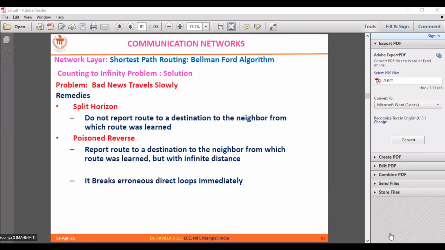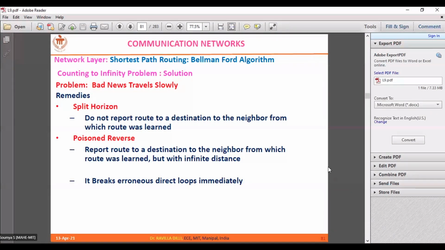The other one is Poison reverse, where you report a route to a destination to the neighbor from which the route was learned. But what you do is, you give it as infinite distance. And then automatically when you give it as infinity, it breaks the loop, right? When it is infinite, it does not enter into the loop because it does not know what it is going to be at all.